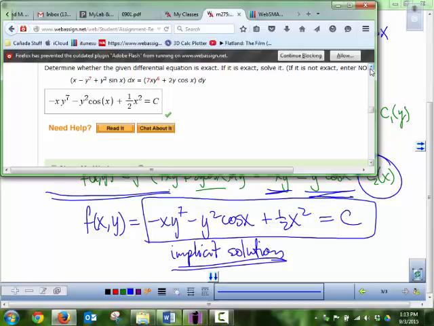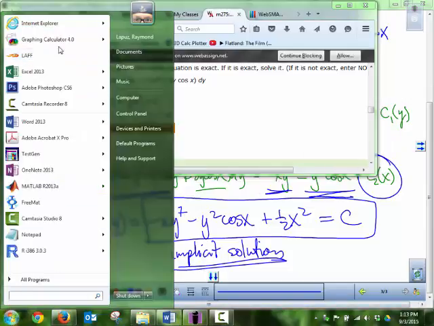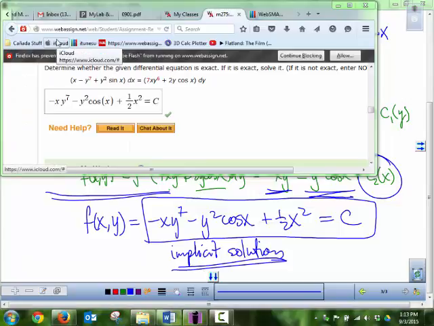Any questions? You want to see the solution? Nah. I have a graphing program that's easy to use, so I usually like to see it here.